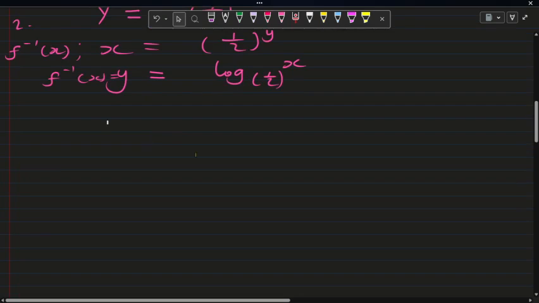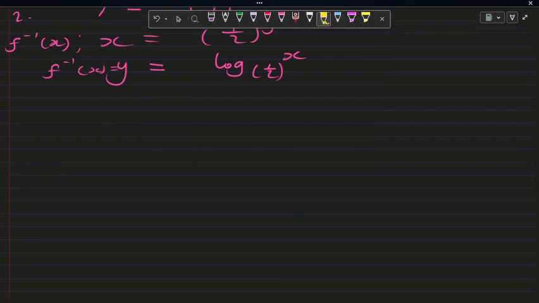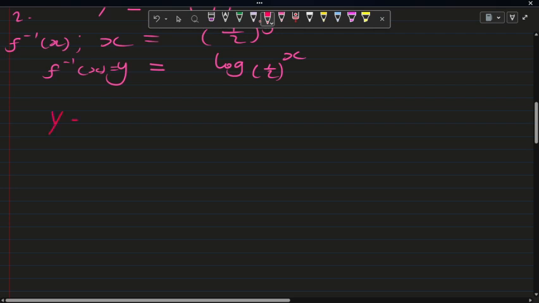Now let's continue our discussion on inverse functions. What is an inverse function graphically? Let's say the function that we are dealing with is y is equal to 2 to the power of x.